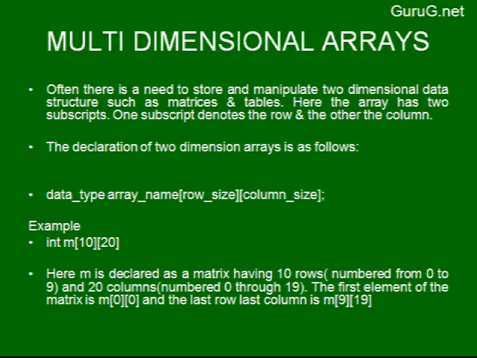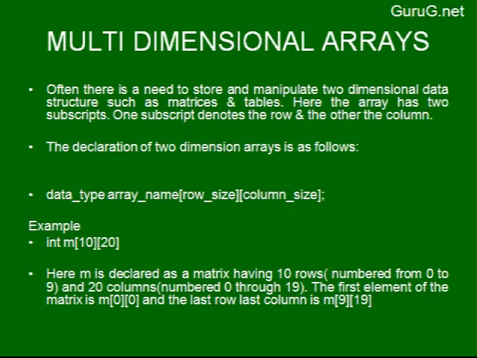If you are giving int m of 10 of 20, then you have a two-dimensional array and it should end with a semicolon. You will have 0 to 9 rows and 0 to 19 columns. The first element will be stored in 0, 0, and the last element will be stored in 9, 19. This is how a multi-dimensional array is declared and used.